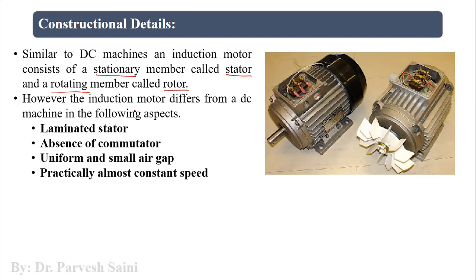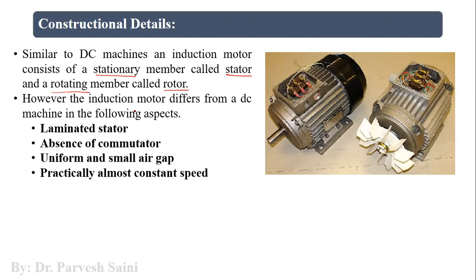The same is done in induction motors also. That means the stator serves the purpose of enclosing the rotating part. But in DC motors, we have the field system mounted inside it to generate the flux for the DC machine.